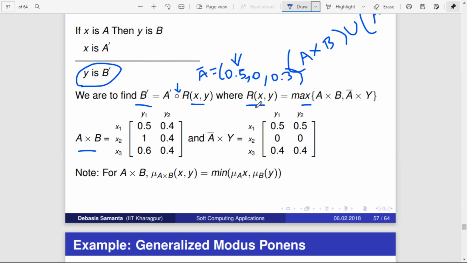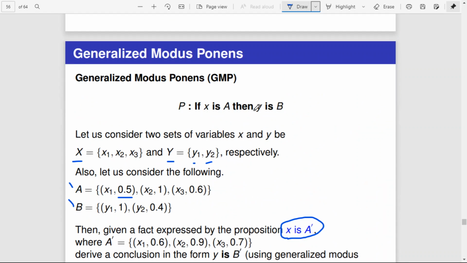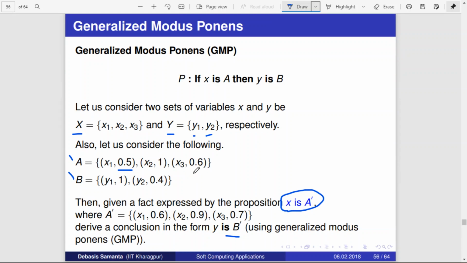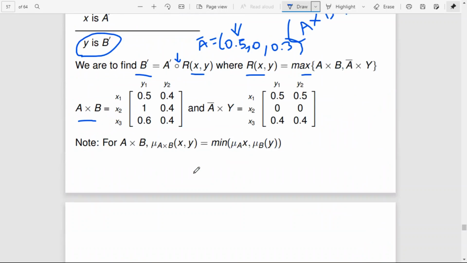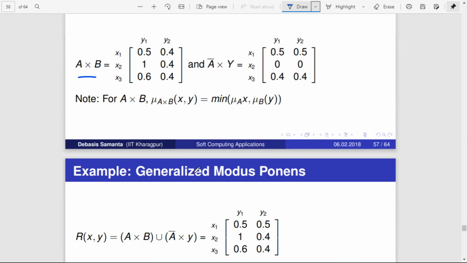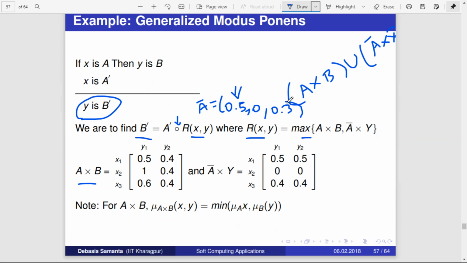Next, A dash: this is 0.6, right? 1 minus 0.6 is 0.4. So here we are getting 0.4, 0.4. So this is how we got A cross B and A dash cross Y.